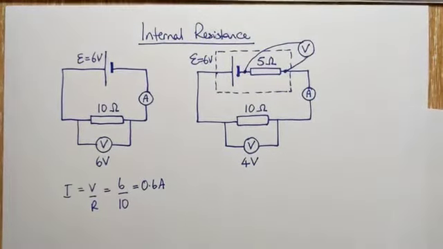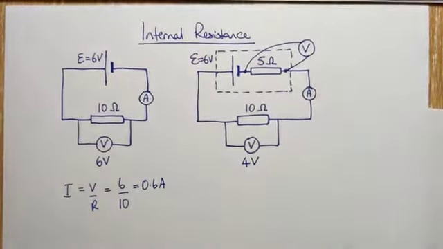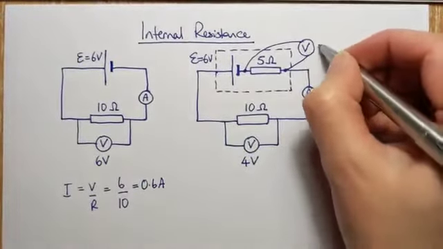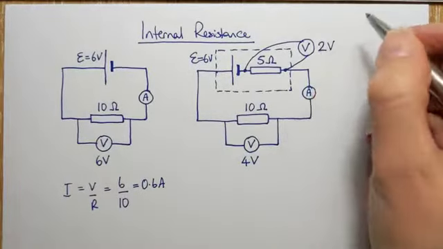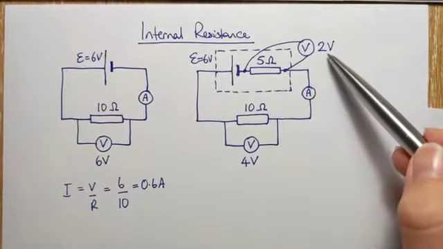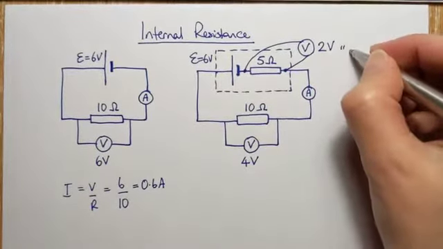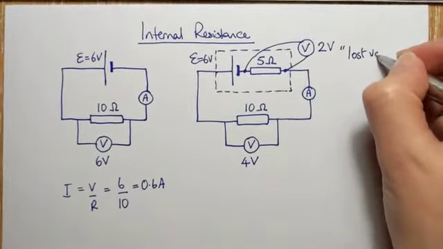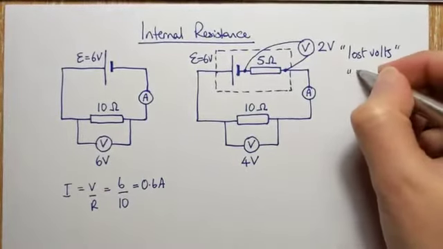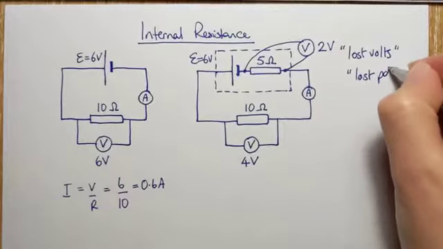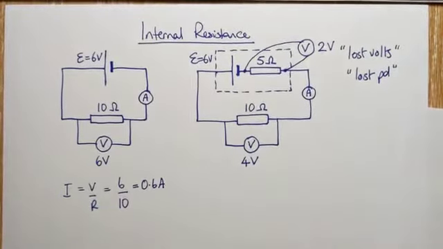This is not possible, but just for the sake of argument, if that were possible, then this would read 2 volts. Now, we've got no way to get at that 2 volts, and so it's known as the lost volts or the lost PD, because we can't get at it, we can't use it. It's being used up inside the cell.